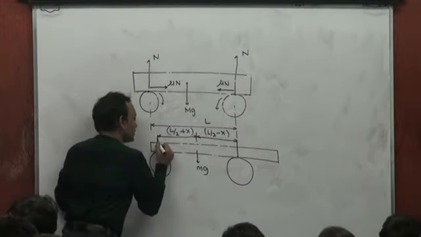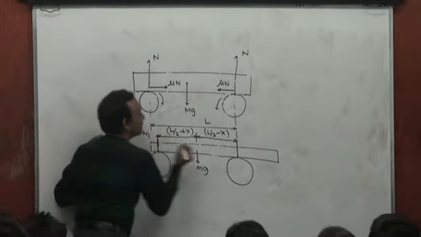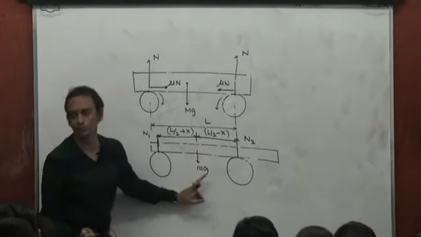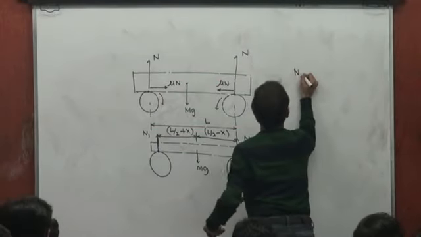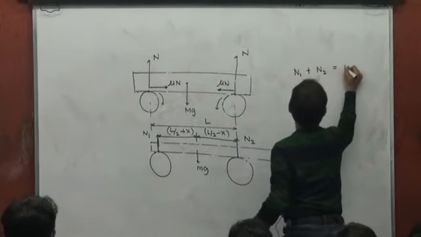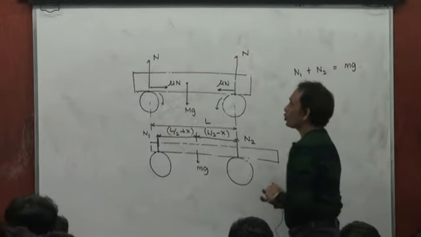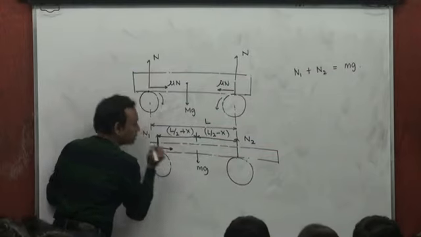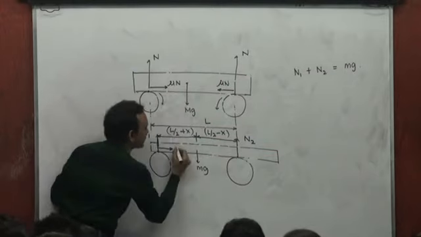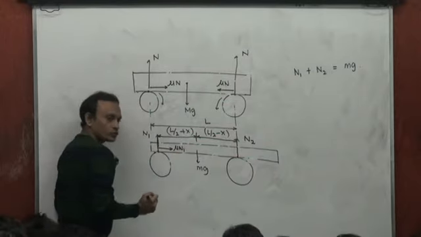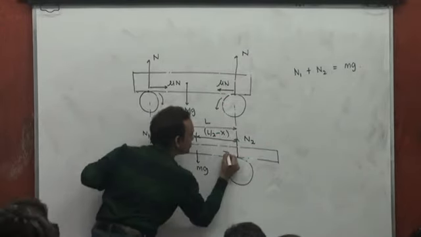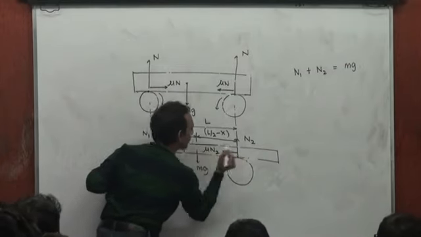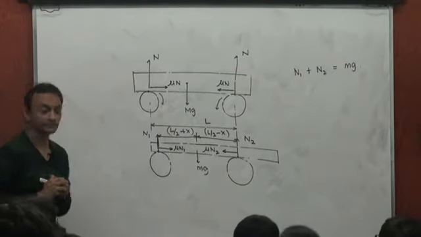And the revised normal reactions are N1 and N2. For translational equilibrium, N1 plus N2 must add up to mg. The frictional force acting on the platform now, instead of being mu N, is going to be mu times N1 to the right, and from this end, it's going to be mu times N2 to the left. Right?